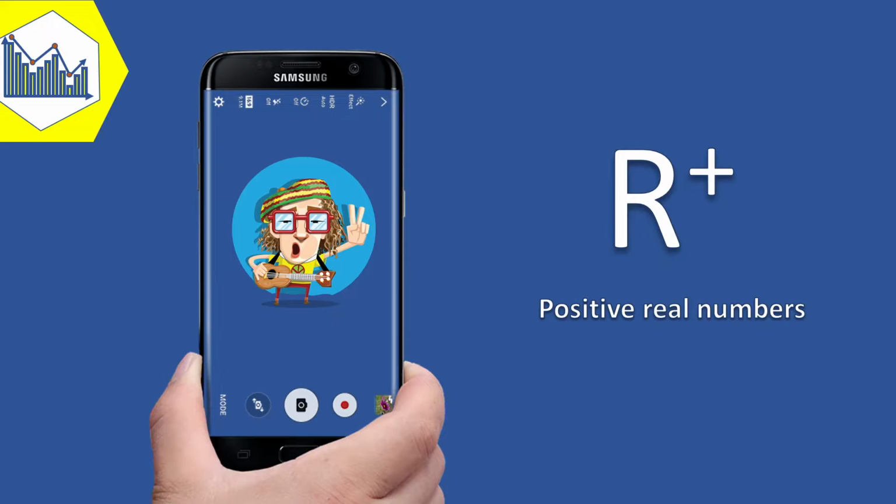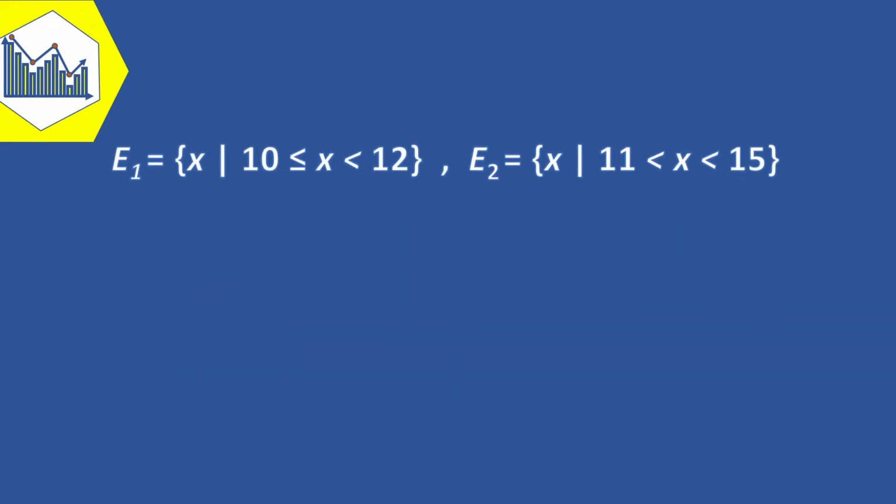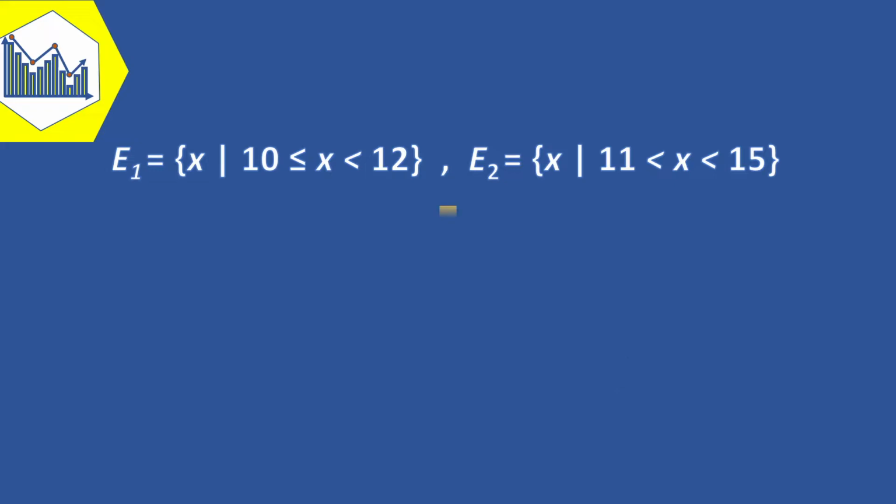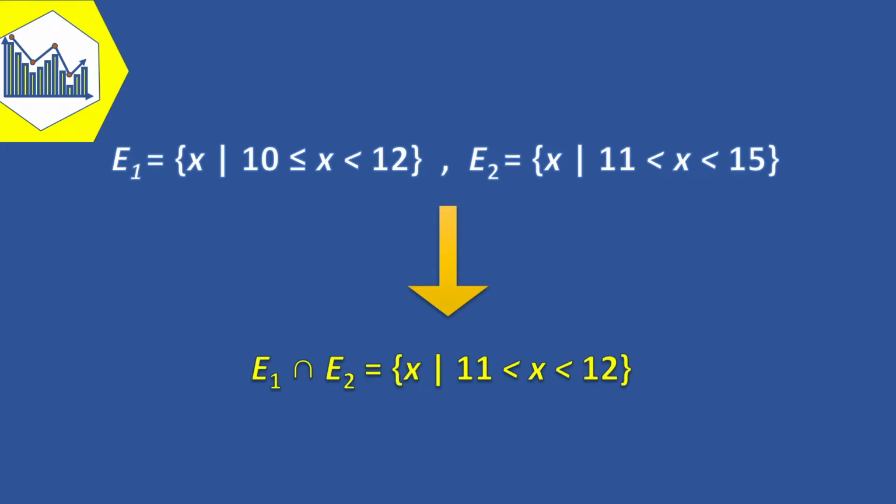Let E1 be the set that X is between 10 and 12, and E2 be the set that X is between 11 and 15. Then, the union of E1 and E2 is the set that X is between 10 and 15. The intersection of E1 and E2 is the set that X is between 11 and 12.